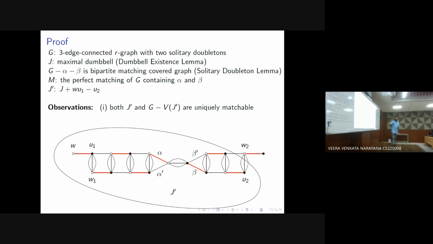If at least one of J prime or G minus V of J prime had at least 2 perfect matchings, we would get 2 perfect matchings containing alpha. And G minus V of J prime is also a non-empty bipartite graph. Bipartite is clear because we already colored the vertices. Why is it non-empty? We have W2 outside, so it is non-empty.